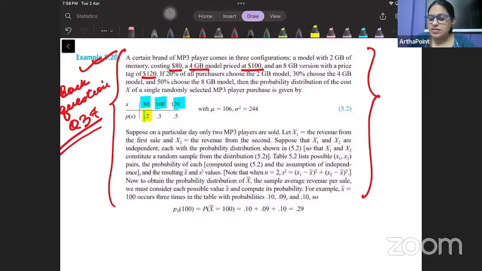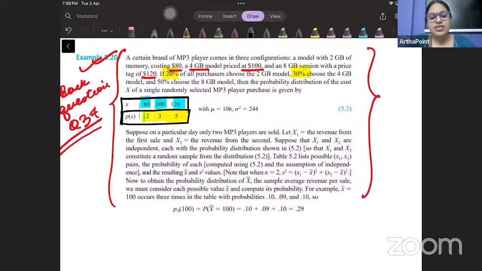And then it says that 30% is with 4 GB. So you are given here 0.3. And then it says that 50% is with 8 GB. तो यहाँ पे आपको percentage दिया हुआ है बेटा 0.5. You are already given this information. ये आपको पहले ही दी हुई है.